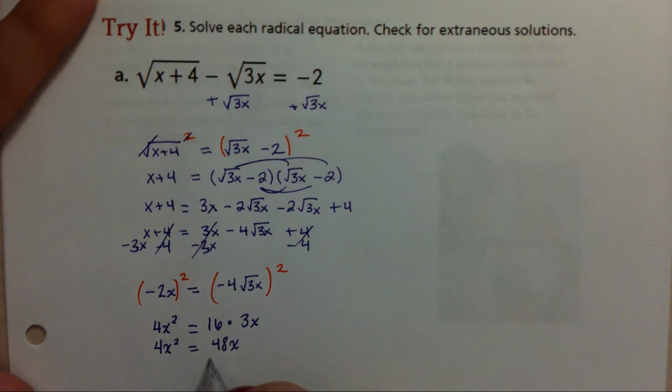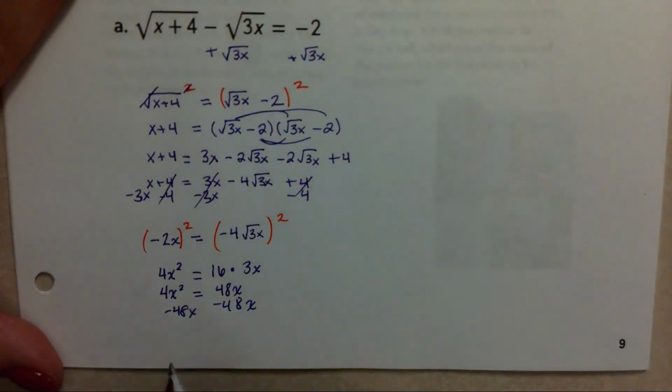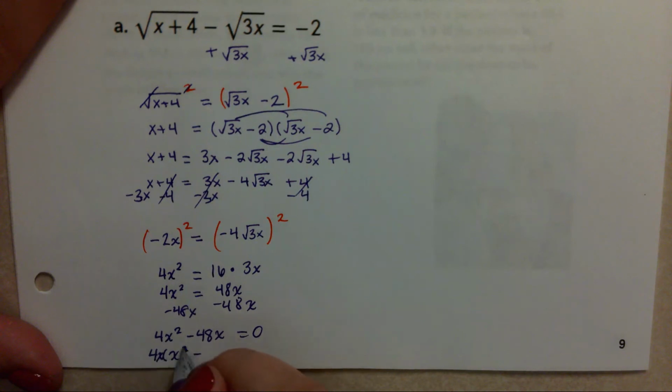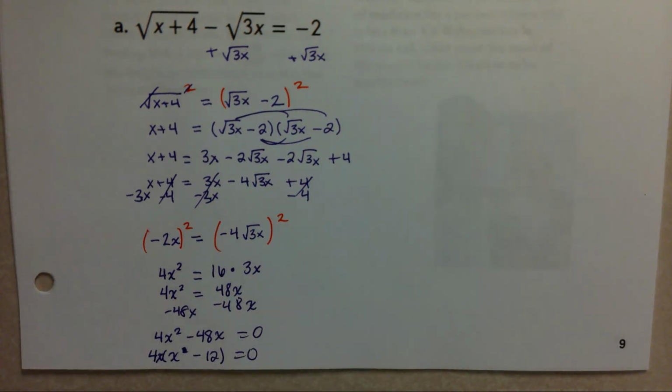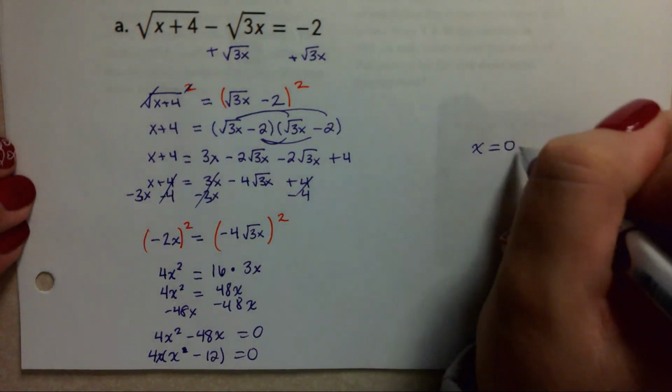And so we're going to subtract that over to the left so that we can have 4x squared minus 48x equals 0. Factor out a 4x, and we get 4x times (x minus 12). And so we get potential solutions of 0 and 12.